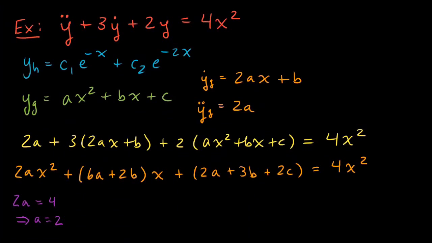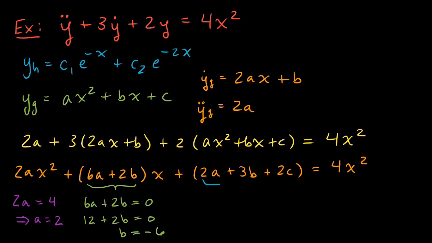And then we also know that 6a plus 2b is the coefficient for the x term, and there is no x term on the right-hand side, so 6a plus 2b must equal 0. So that's 6 times 2, which is 12, plus 2b equals 0. Well, we can tell by inspection that b equals -6.